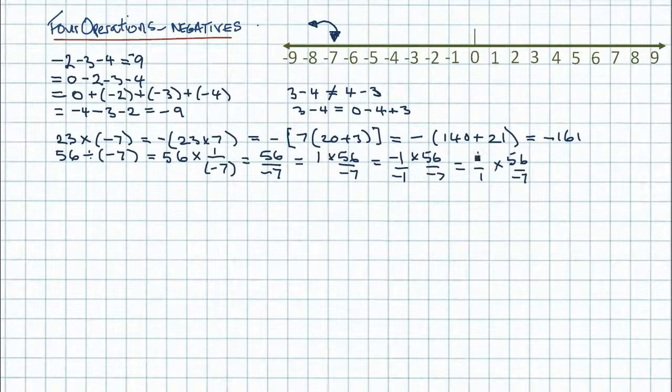So again, we're just playing around with the numbers here to think about this. 1 divided by 1 gives us 1, and we end up with 56 divided by 7. But one thing we might have noticed here is that if we divide by a negative, it's the same as saying multiply the top by the negative. So what we can do here is say negative 56 divided by 7.